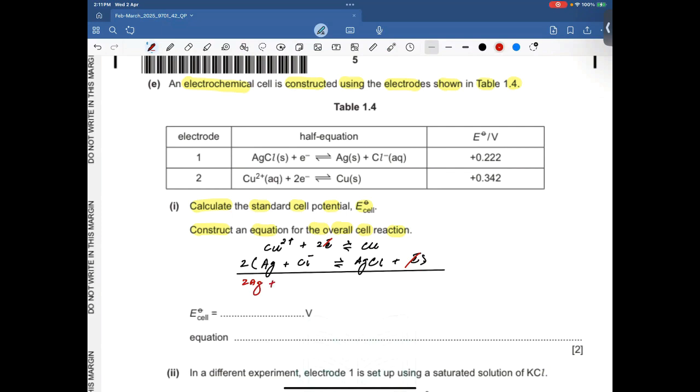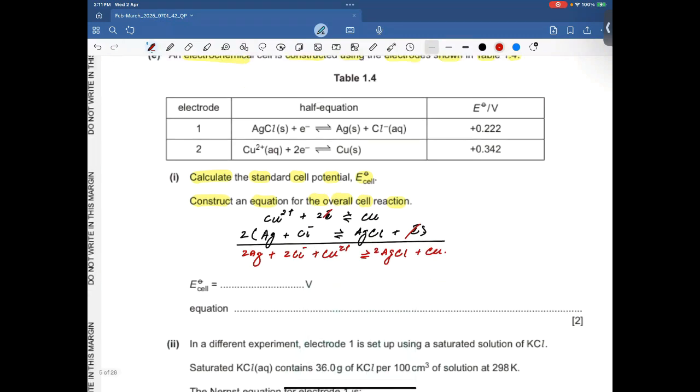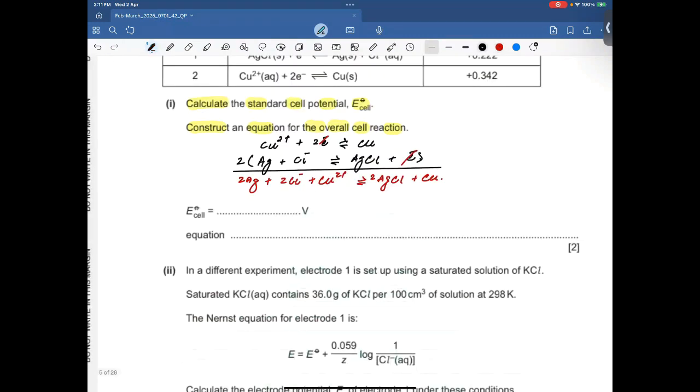2Ag plus 2Cl minus plus copper ions, reversible sign, 2AgCl plus copper. So there's a balanced chemical equation, which I can write it here.